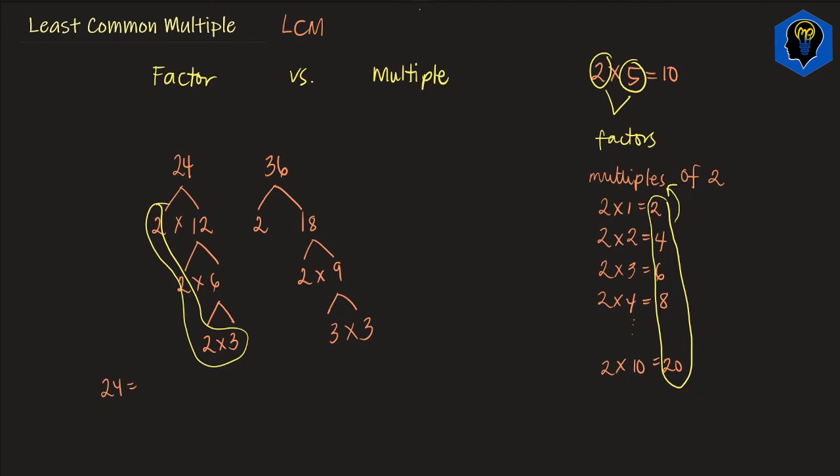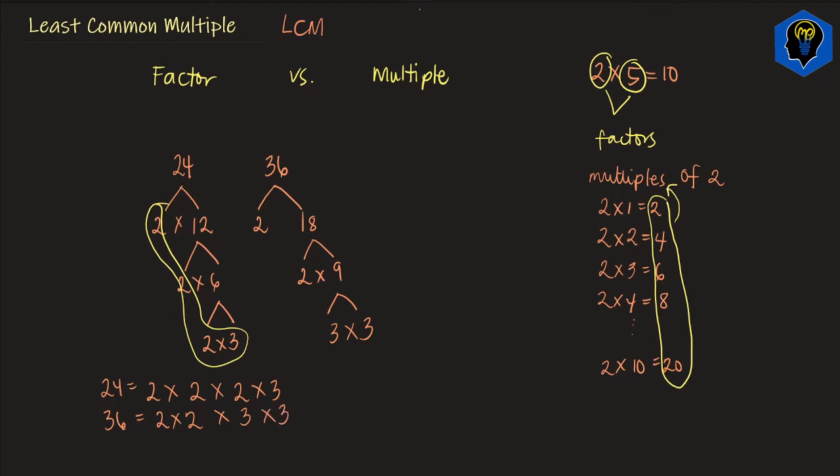Okay, going back. I'm listing down the prime factors of 24. So that's 2 times 2 times 2 times 3. And for 36, the prime factors are 2 times 2 times 3 times 3.